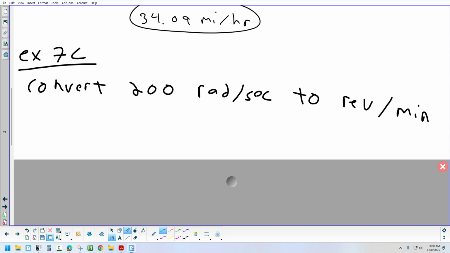So it's angular to angular. So it's 200 radians per 1 second. Okay. Can somebody give me my first conversion? You get a couple options. To try to start getting 200 radians per second into revolutions per minute.